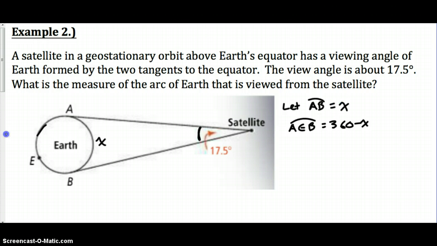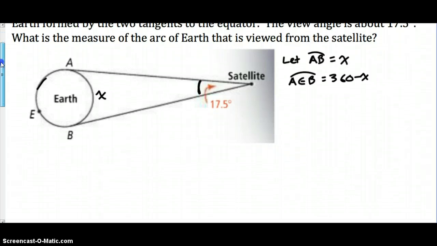And now I can use that relationship that I had before, and we can solve for x. So I know that 17.5 is equal to the difference of the larger arc subtracting the smaller arc. So you get 360 minus x minus another x. So it's AEB minus AB over 2.